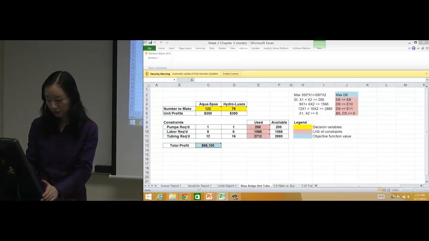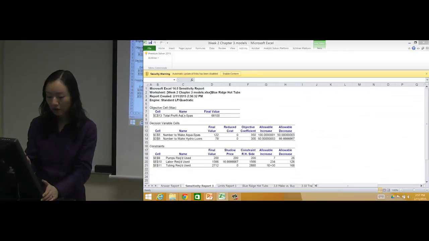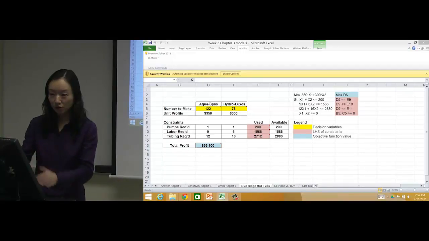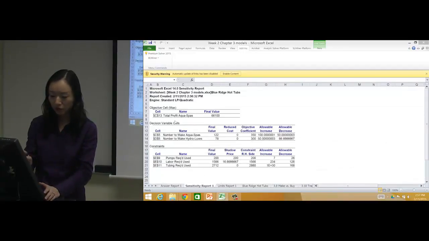It says the name is total profit. It put the equals bus here. That's because the row label is total profit, and the column label, it took this equals bus here, which is not very accurate in the sensitivity report, but we know this is the total profit part.